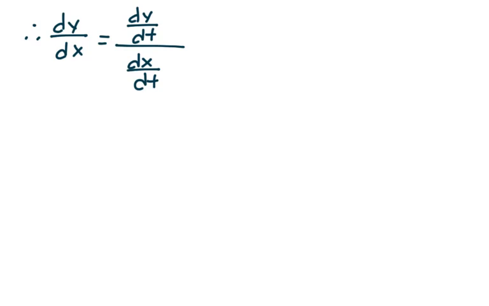So therefore, dy/dx is dy/dt divided by dx/dt. And that's going to be equal to 4 minus 10t. That's the numerator.